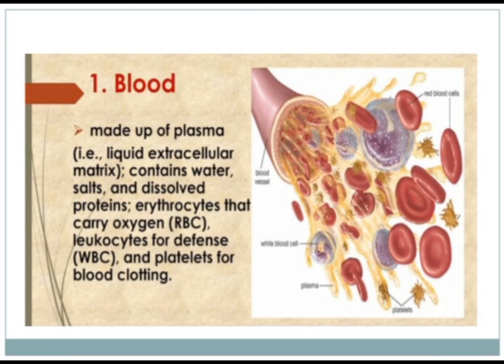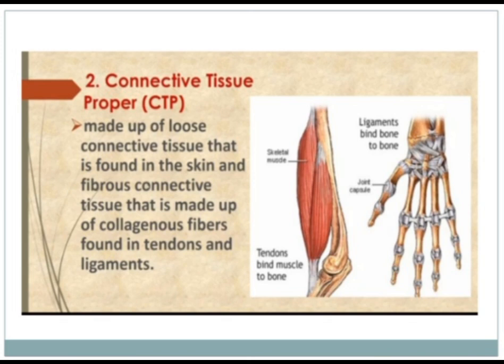Red blood cell or RBC na siya pong nagkakarga ng oxygen. White blood cell or leukocytes na siya ang nagbibigay sa atin ng antibody o nagde-defense po sa ating katawan laban po sa mga pathogen, platelets, or blood clotting.